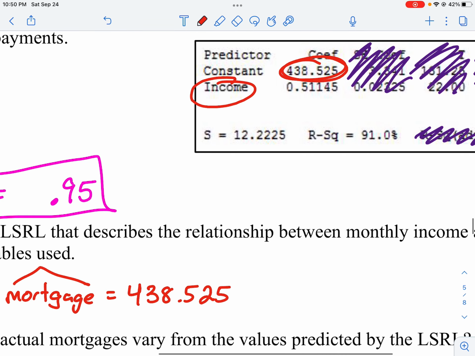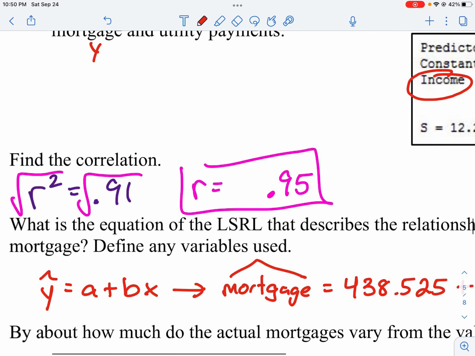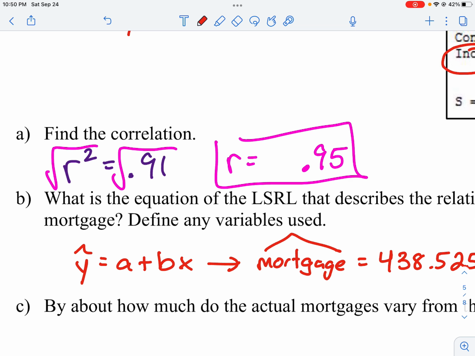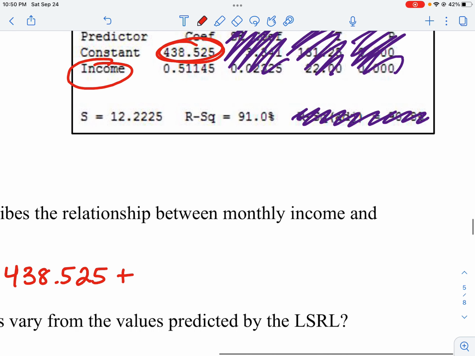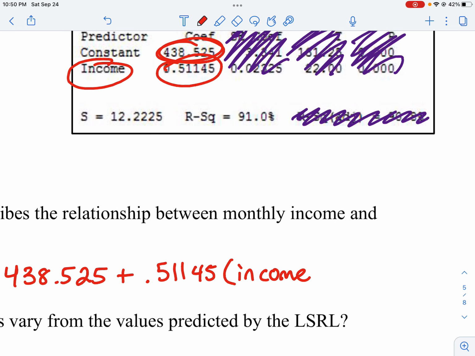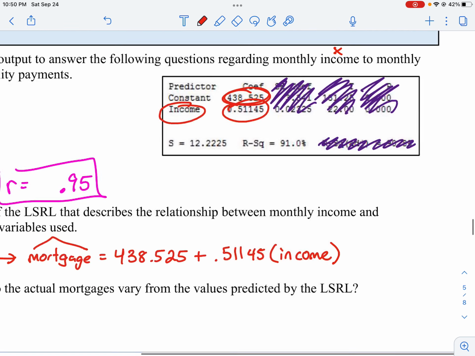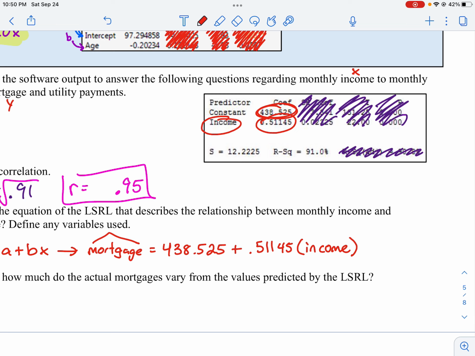And then we already said the slope was positive, so it's going to be plus whatever the slope is. And that's the coefficient of income, 0.51145. There is our least squares regression line. The predicted mortgage is going to equal 438.525 plus essentially half of whatever the monthly income is.